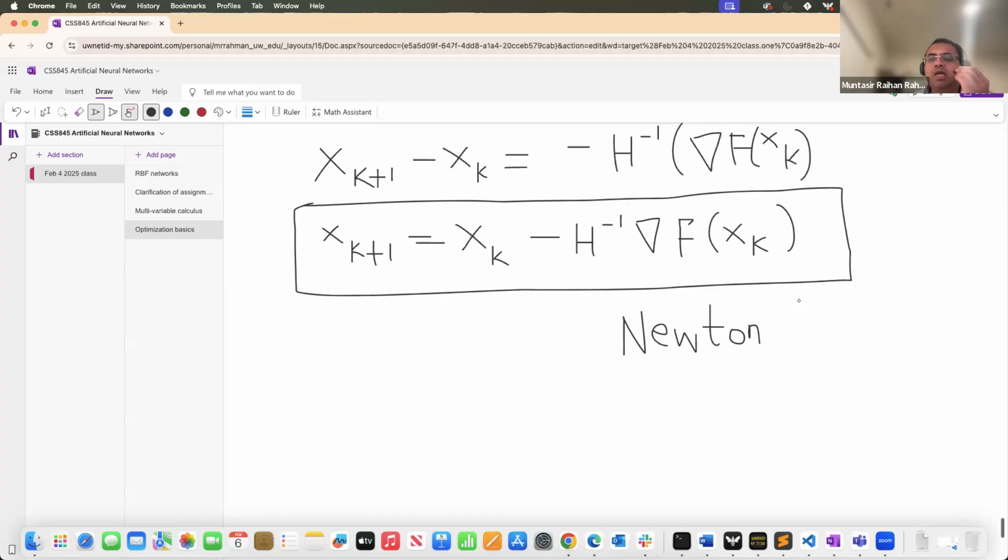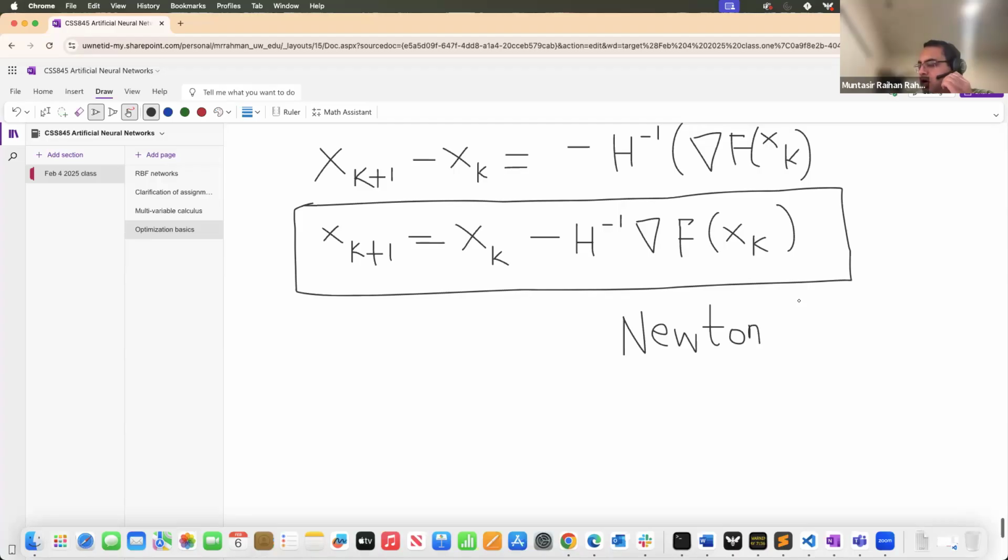If d is 1 million, then the size of H is d squared, 1 million squared, and you have to compute that inverse. That is very expensive, which is why gradient descent, the first order method, is much more popular, since it doesn't require the inverse of a second order Hessian matrix.